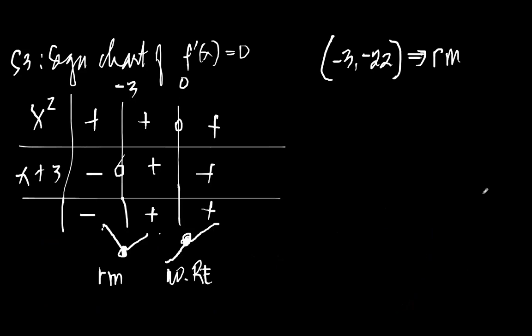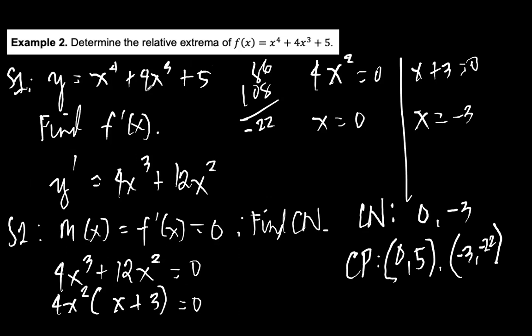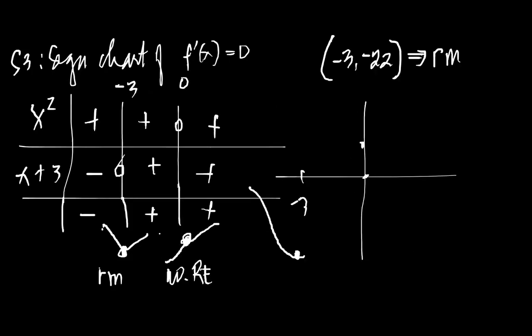So, it means class, alam mo na kaagad yung behavior niya. Kung may graph ka dito, may xy tayo, negative 3, negative 22. Relative minimum siya. Saan ba siya mag-intersect when x is equal to 0? 5. So, dito.